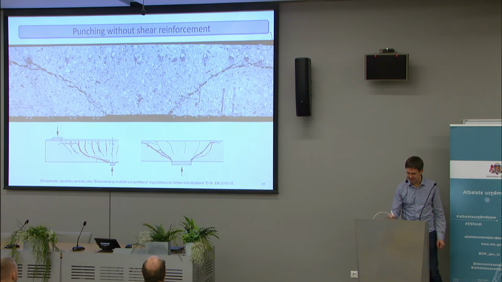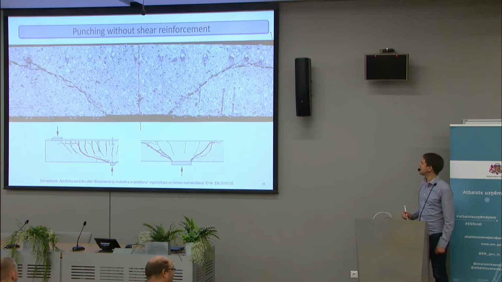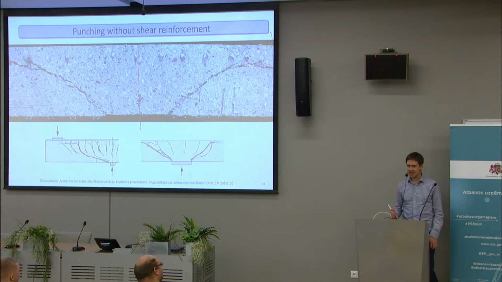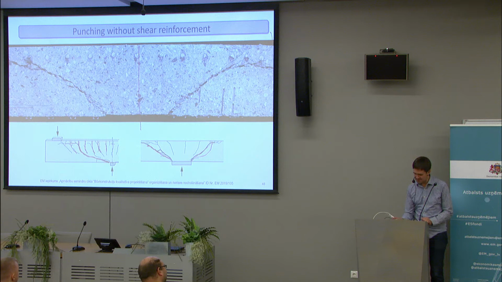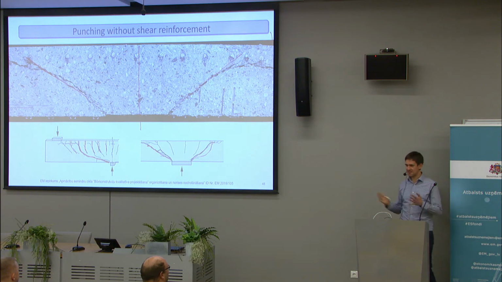So when I started looking into this problem, I became very skeptical about models that are very sensitive to the angle of this crack, because in reality, if we measure this angle, it can vary a lot, but the strength is more or less the same for all the specimens.